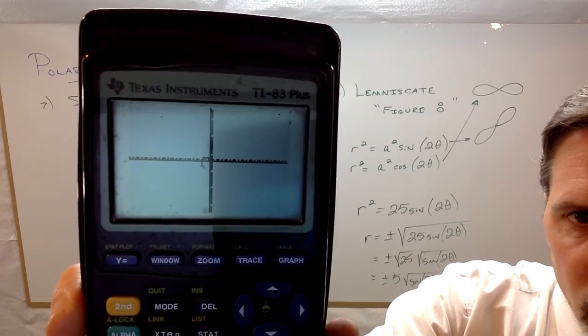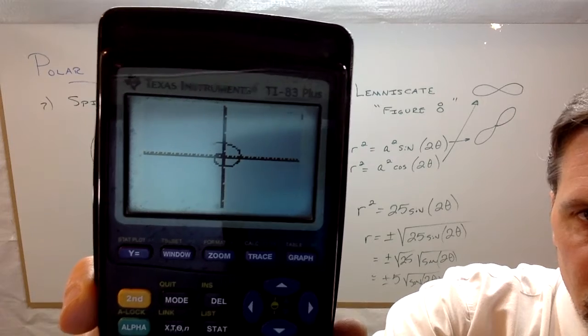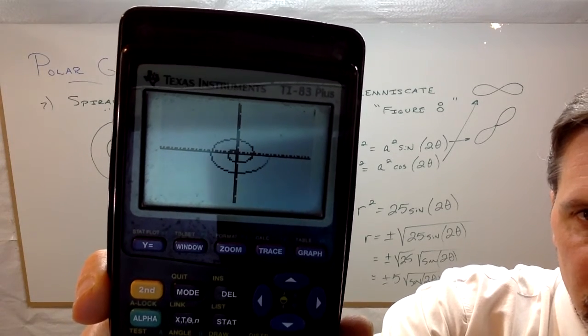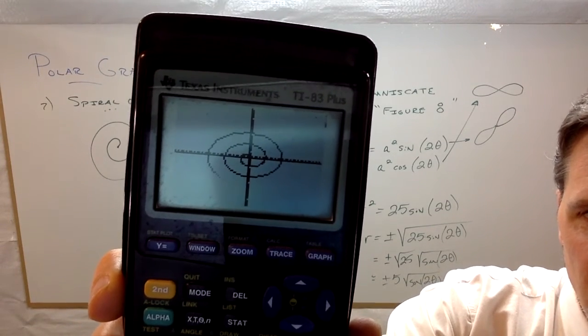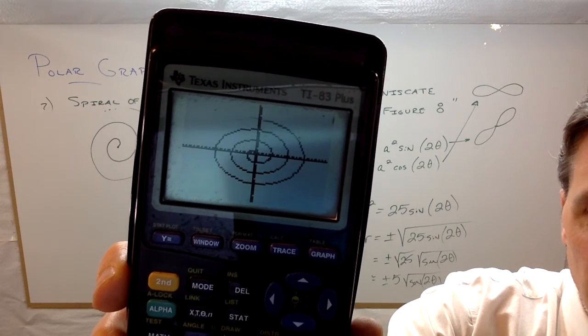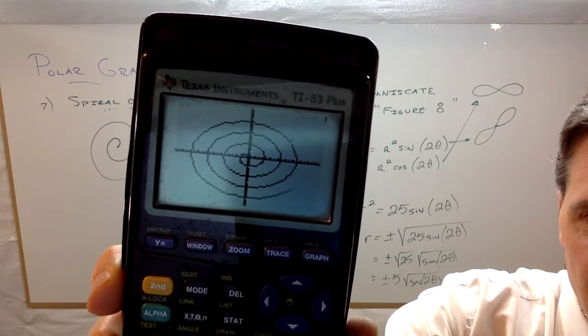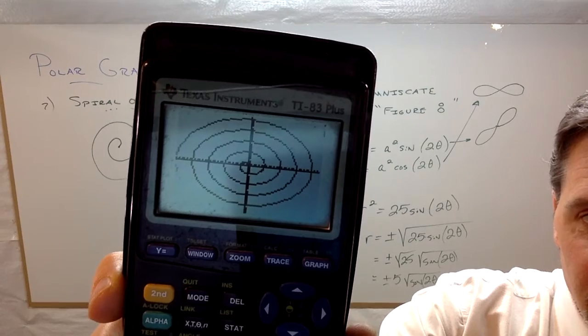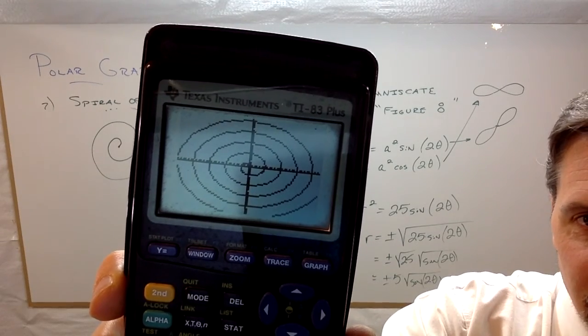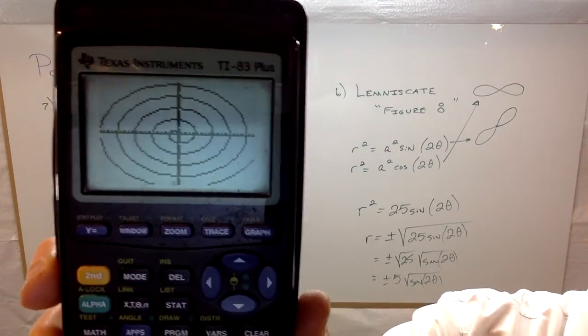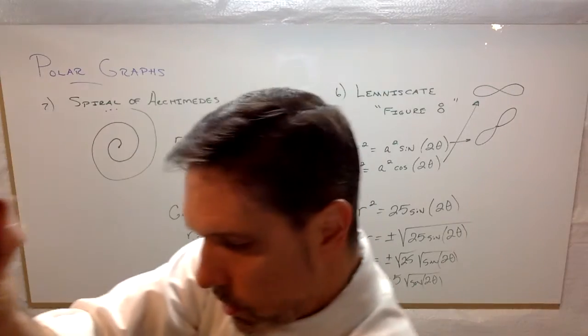It should spiral a little bit more. There it goes, spiraling out till the calculator gets to 10 pi. Are you getting to 10 pi? There, I think it made it. All right, so that's the kind of graph you're going to get.